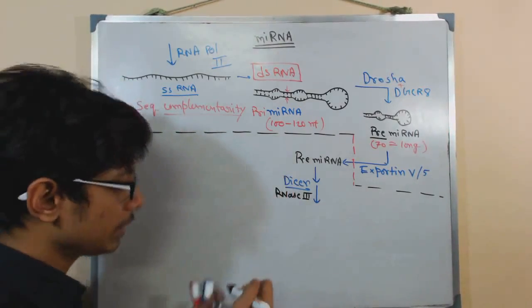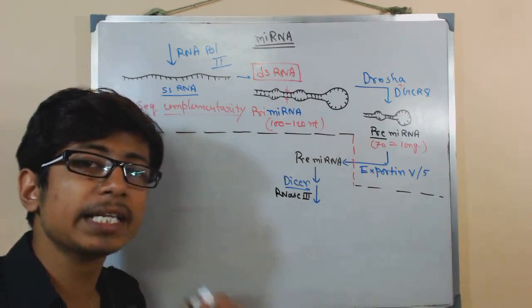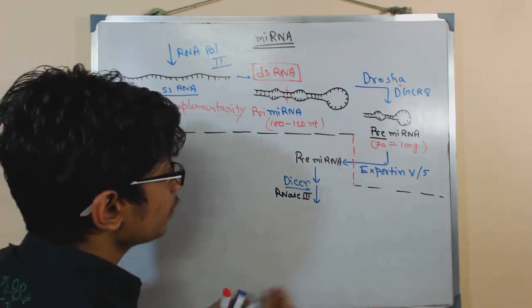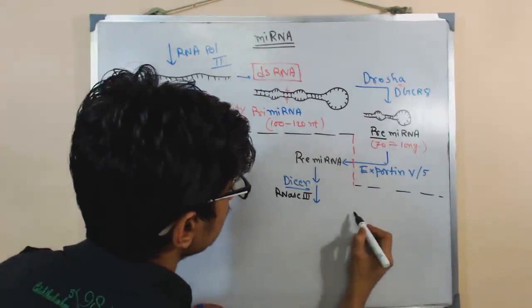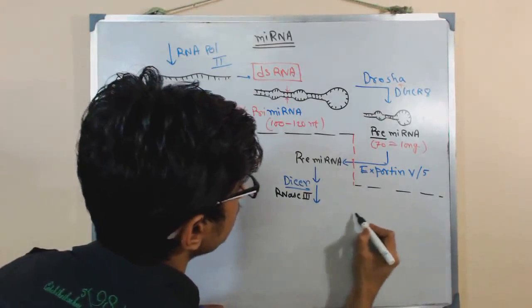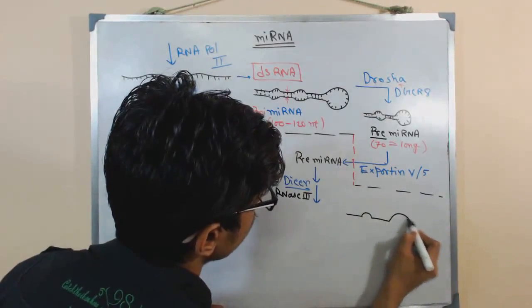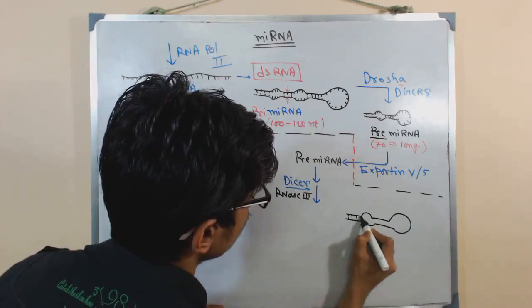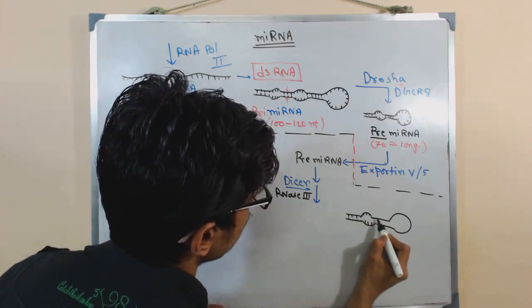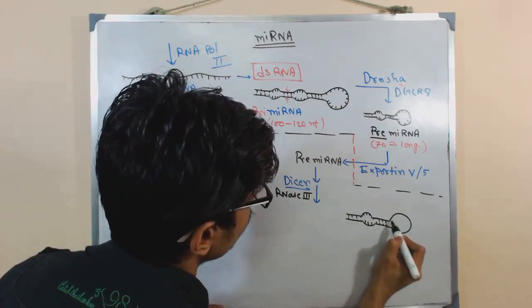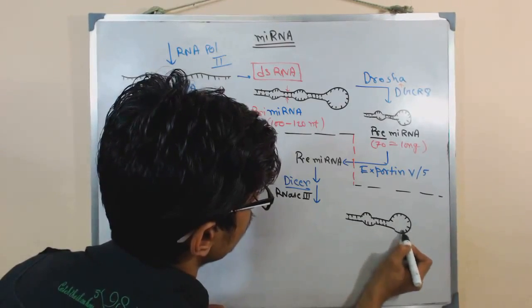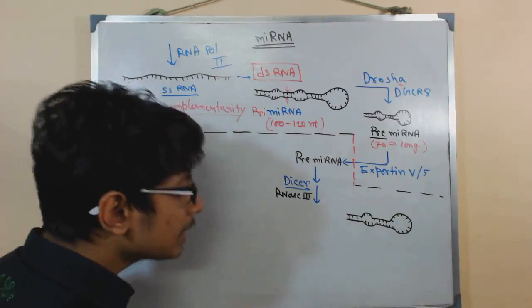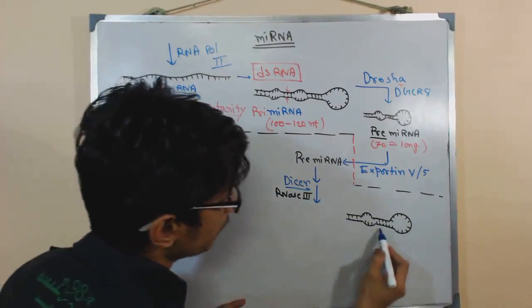It is a double-stranded RNA specific endonuclease. So if this is the situation, let's say this is how it looks. Let's say this is the structure of the pre-miRNA.